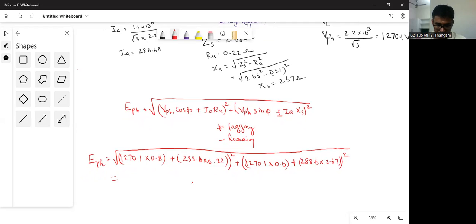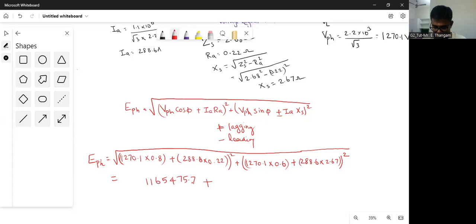So 1270.1 into 0.8, plus 288.6 into 0.22, whole square. So this value I have calculated is 1165475.7.